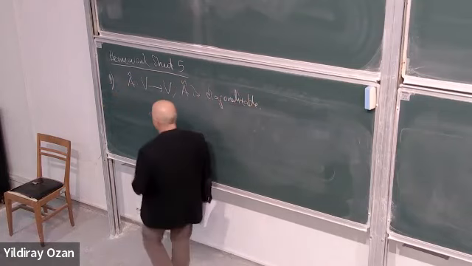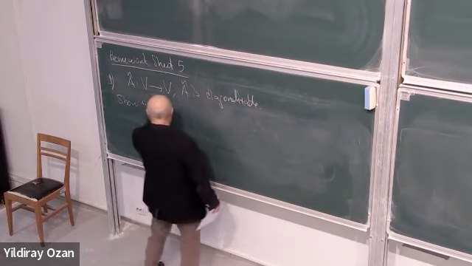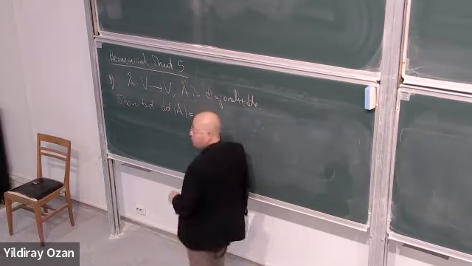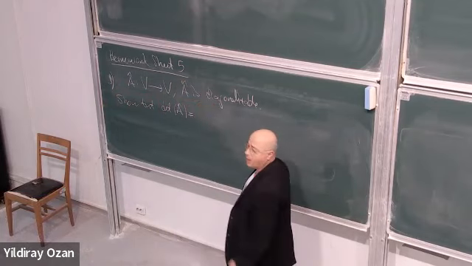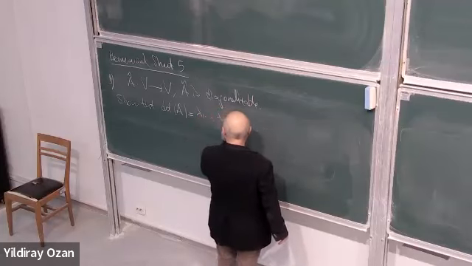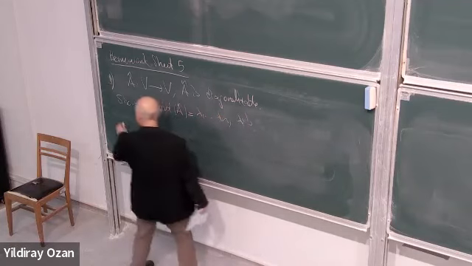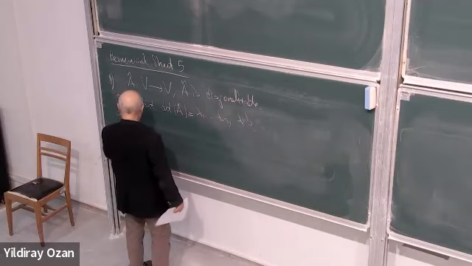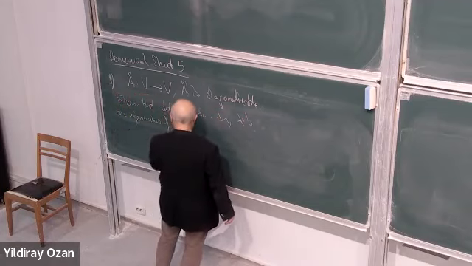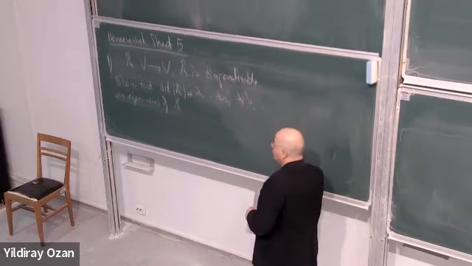We are asked to show that the determinant of this operator is just the product of the eigenvalues, lambda 1 up to lambda n, the eigenvalues of A. All right, how can we show this?